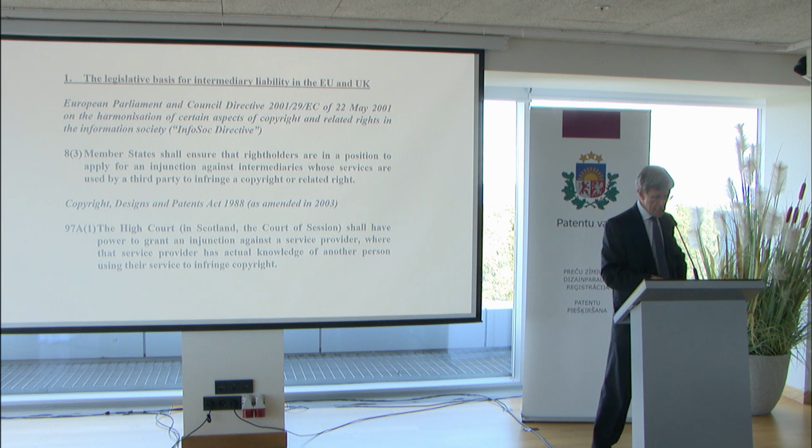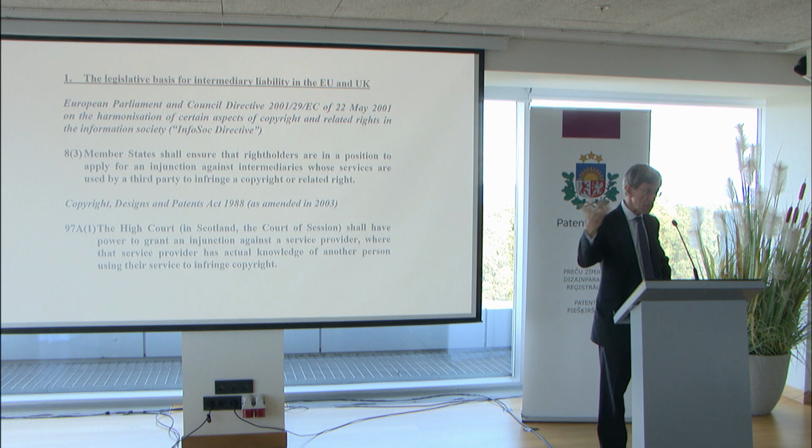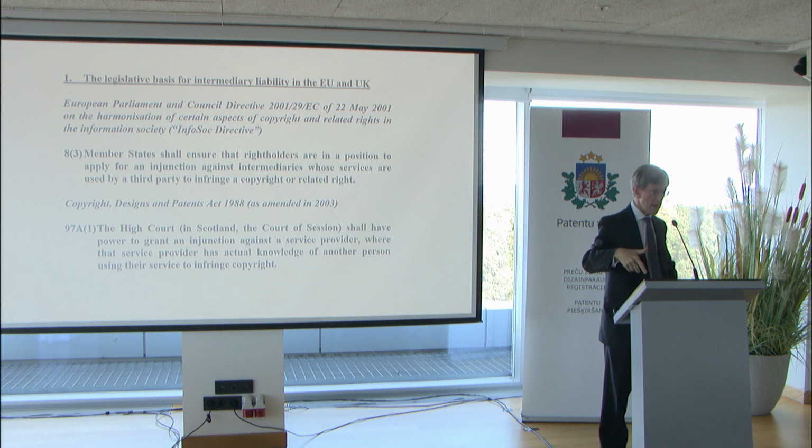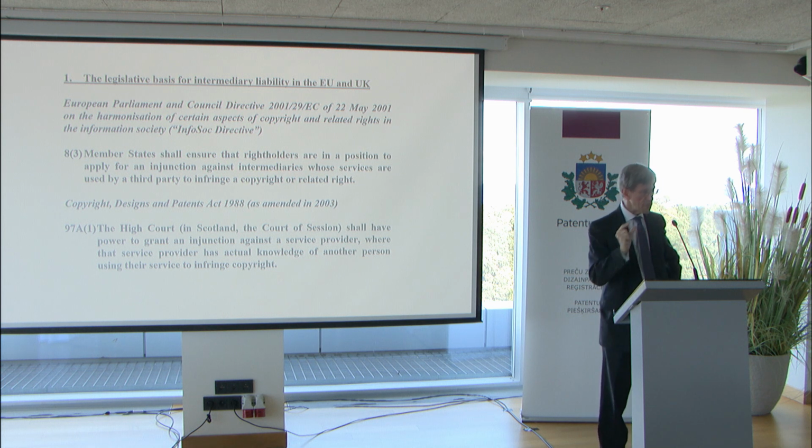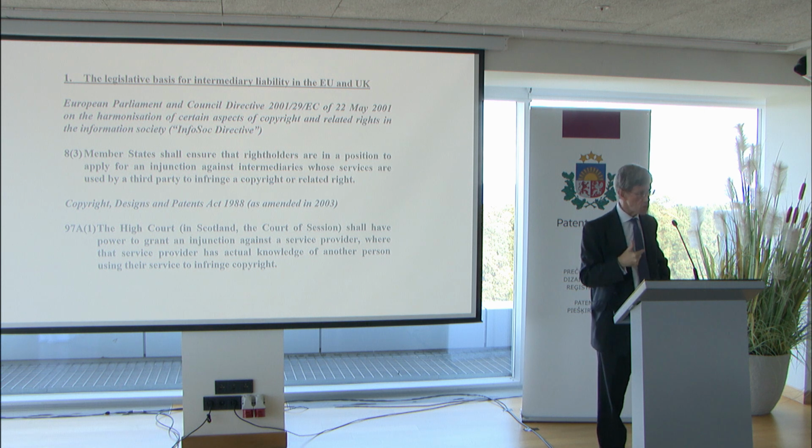So, you see from that it's about injunctions, not damages, as I explained to you. It's about people who are intermediaries, and that's despite the fact that they may not be infringing either on a primary basis or an accessory basis. But their services are being used by someone else to infringe a copyright or related right.